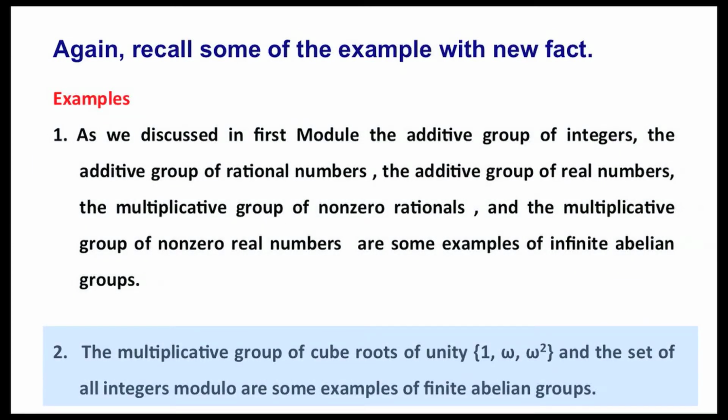The multiplicative group of cube roots of unity, that is 1, omega, omega square, and the set of integers modulo n, Zn, are some examples of finite abelian groups.